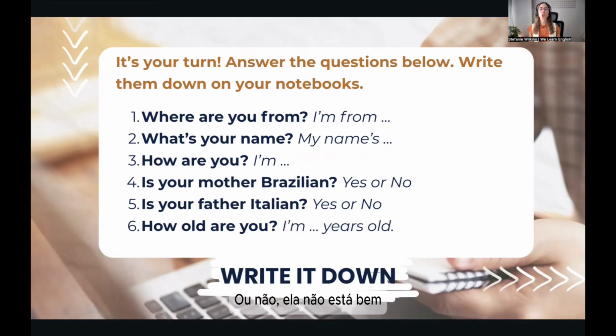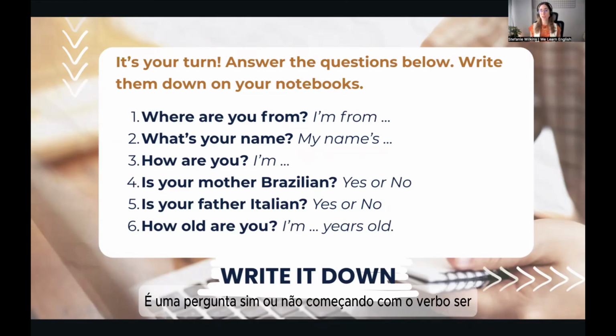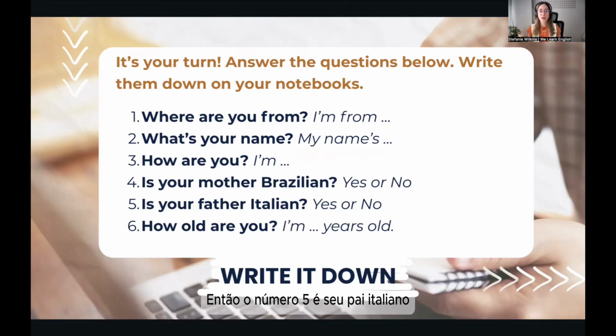Yes, she is, or no, she isn't. Okay, I put yes or no for you to remember. It's a yes or no question, starting with verb to be. Then, number 5, is your father Italian? Same thing. Yes, he is, or no, he isn't. Now you're changing the pronoun she for he. Okay, so pay attention to that.